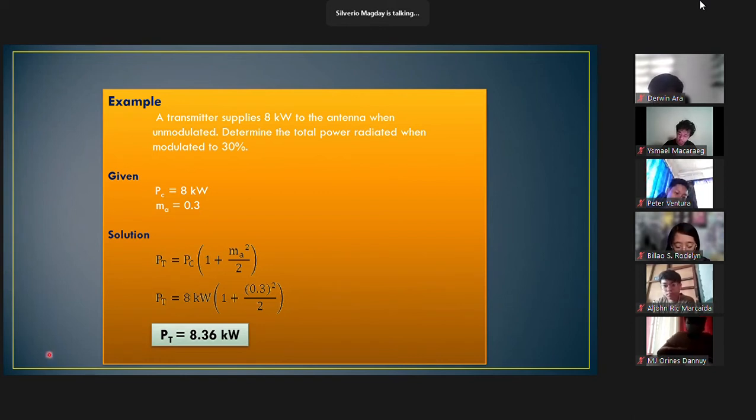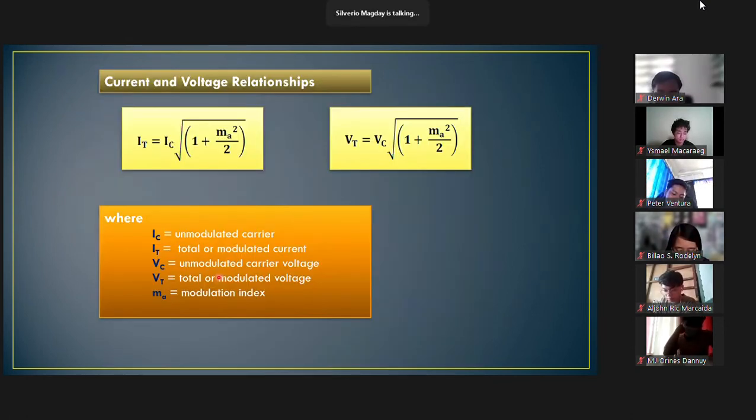When you derive it, at a given constant R, given this formula for the power, there will be a square root, since power is V squared over R or I squared R. When calculating given the currents and voltages of the carrier and the total power, or the amplitude modulated wave: total current is IC times the square root of 1 plus M squared over 2.